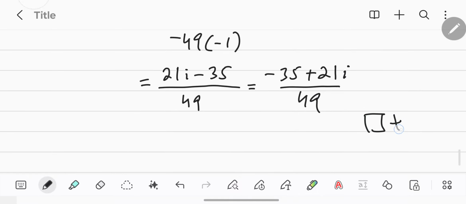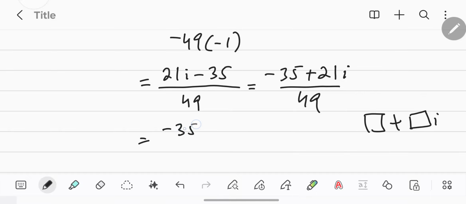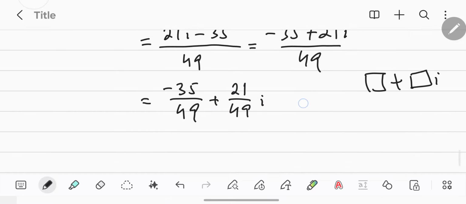We need this form. That means we will write the denominator over the real part and then over the imaginary part. Okay. So I will write negative 35 by 49 plus 21 by 49 iota.